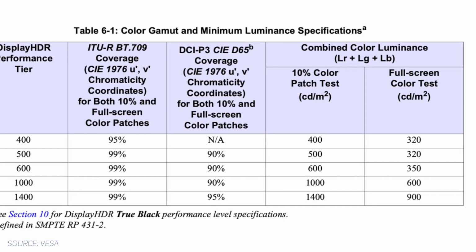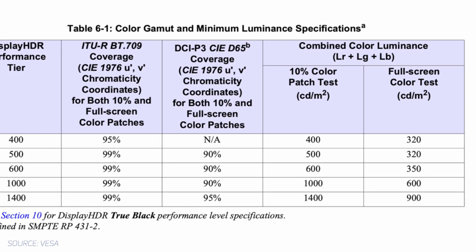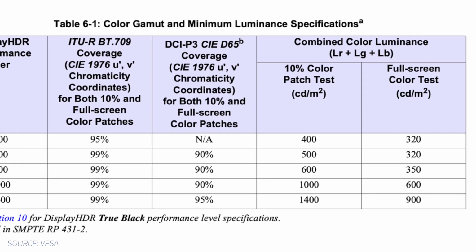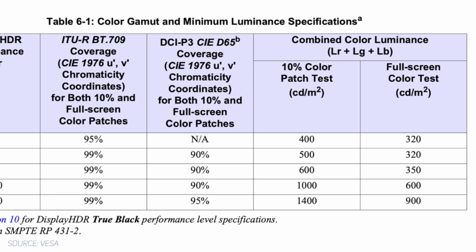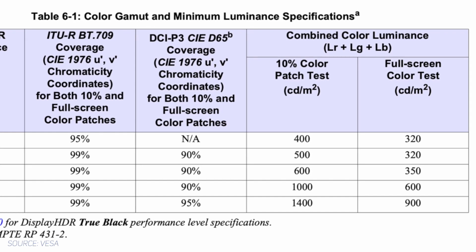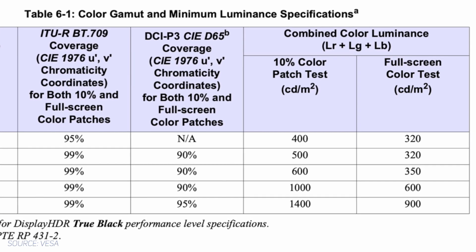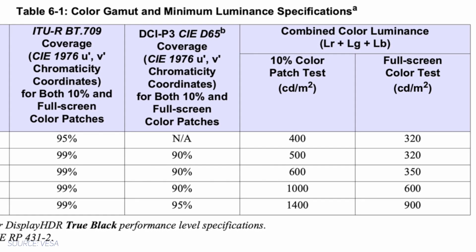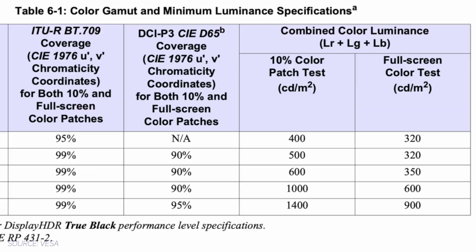Then there's the DCI-P3 space, which your HDR content for movies is typically targeting. So any HDR movie content is going to be taking advantage of that. And we set most of our targets at 90%. We've started moving that up, and at the 1400 tier, that's 95% of DCI-P3.